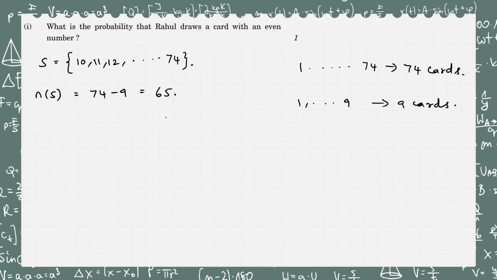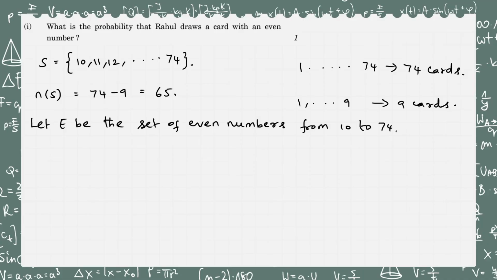Okay, now the set of even numbers we have to list down. So let E be the set of even numbers from 10 to 74. Okay, how many even numbers will be there? Let us write them.